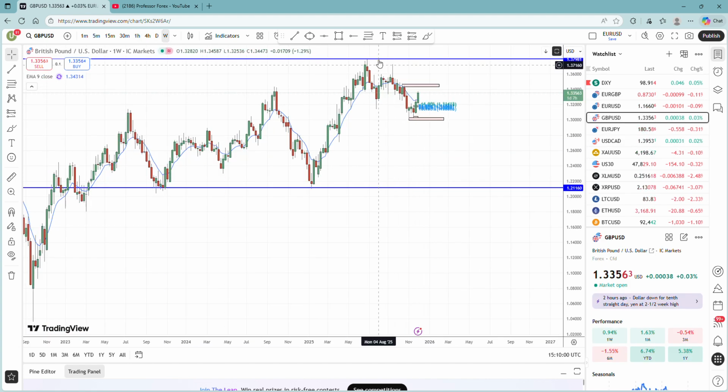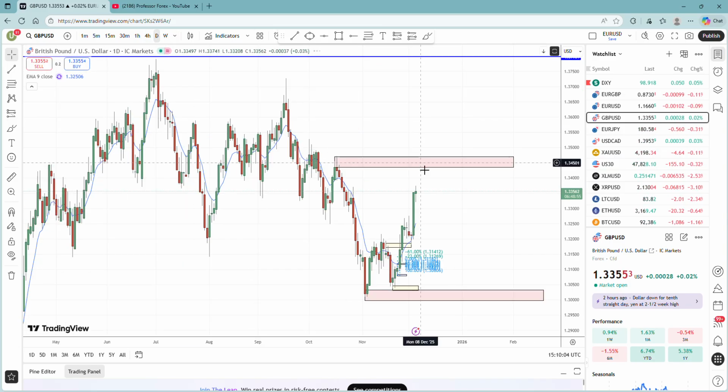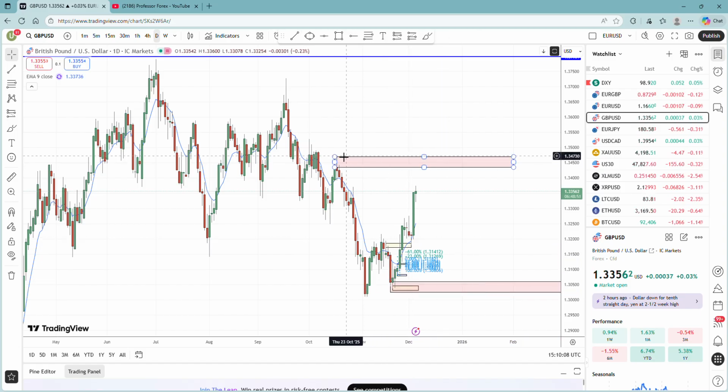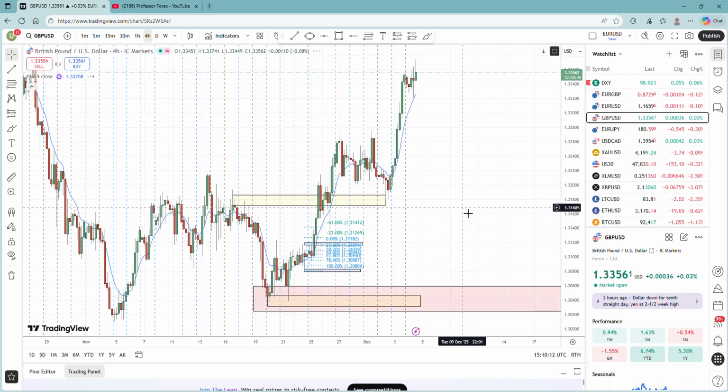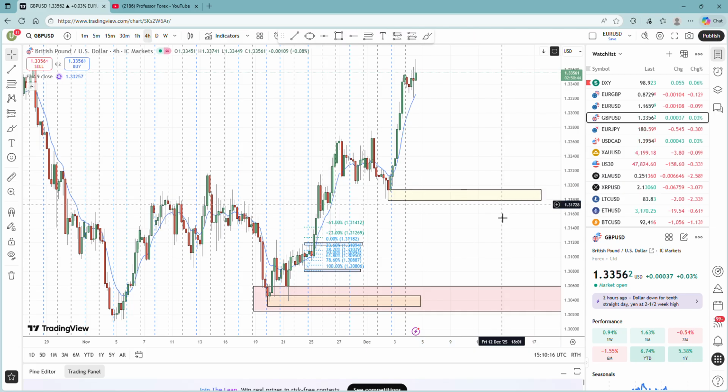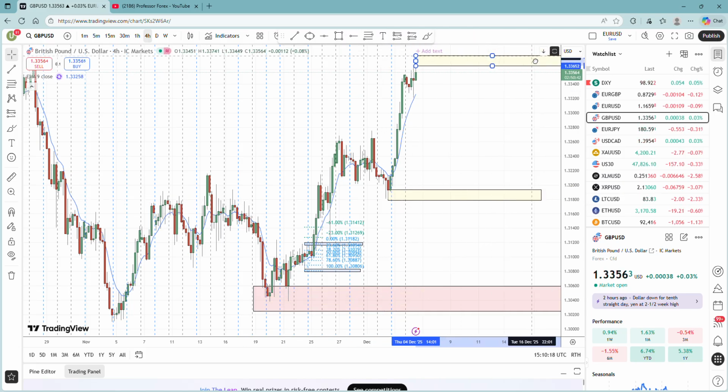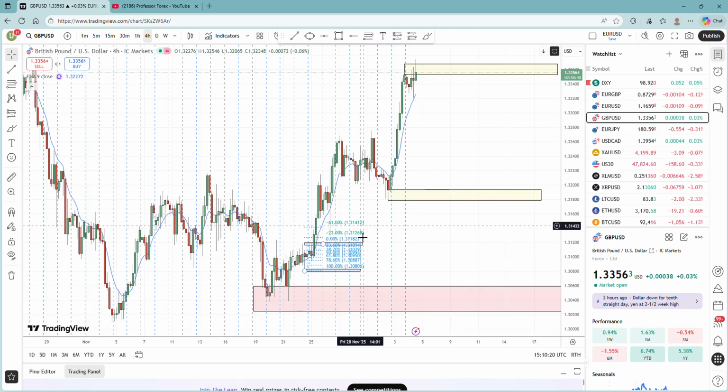USD: weekly support, resistance, daily, here's your daily support, here's your daily resistance, price moved from support to resistance. H4 support, H4 resistance.